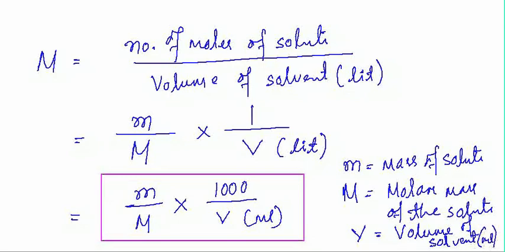So now we will remember this formula and let's work out some of the examples, at least one or two, so that we know how to use this formula to calculate the molarity.